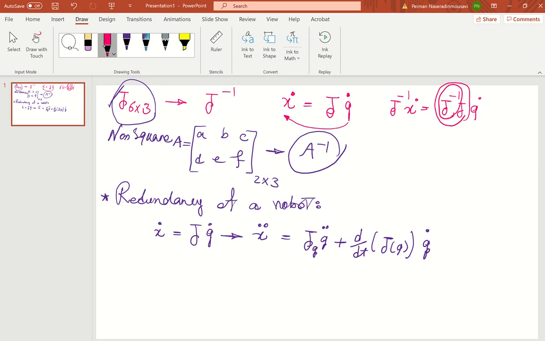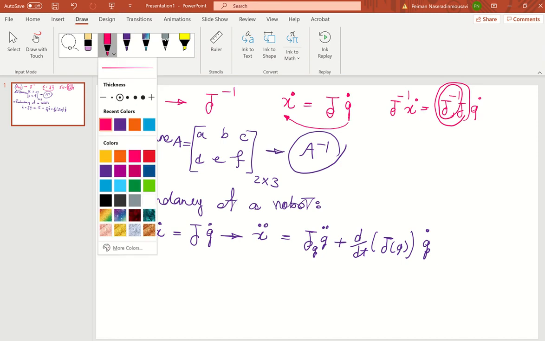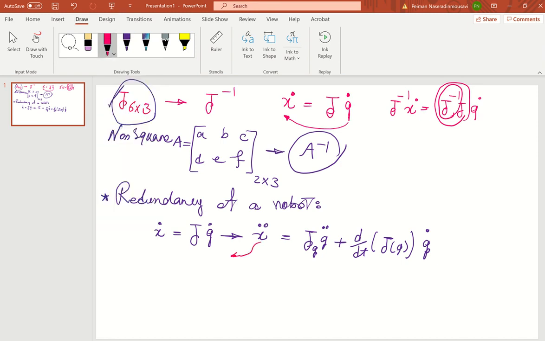So obviously, guys, here this x double dot is the vector of end effector accelerations, right? At the end of the day, in robotics, we do care about the end effector motions. And this was the vector of velocity of the end effector.